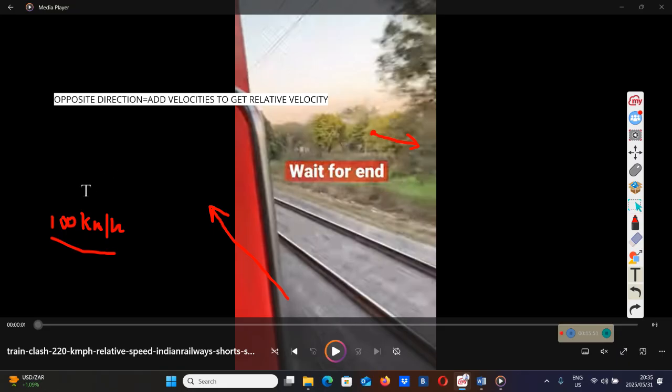So that's why I said that in this case, the relative velocity of the tree with respect to someone inside this train is going to be 100, which is the speed of the train, plus 0, which is the actual speed of the trees. Then we'll have 100.